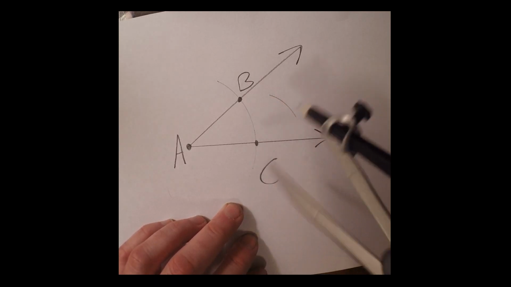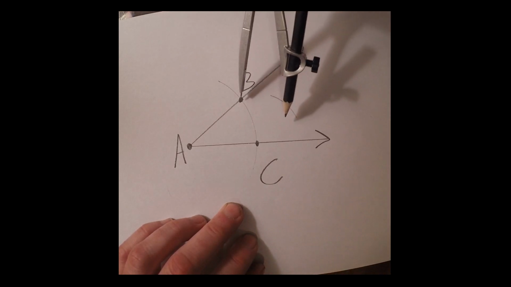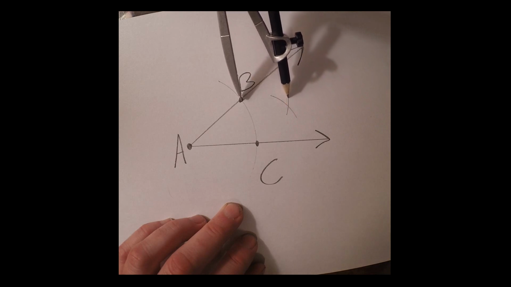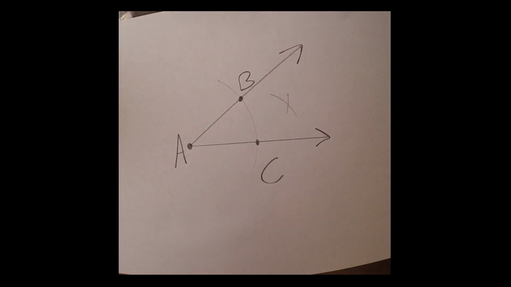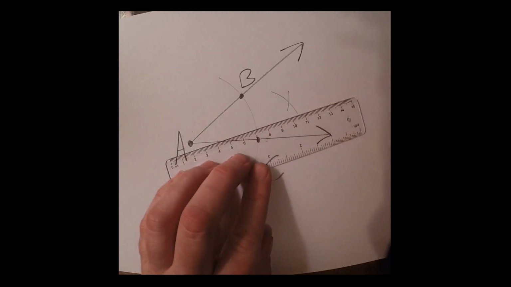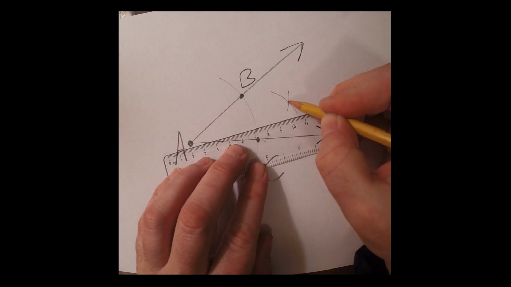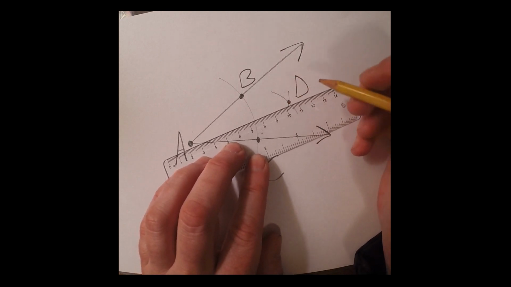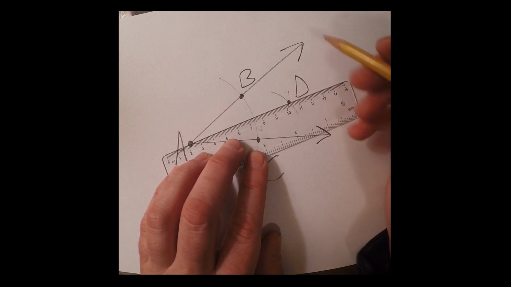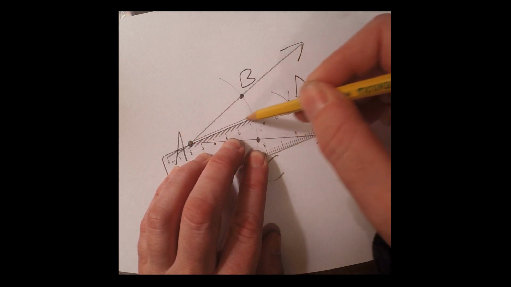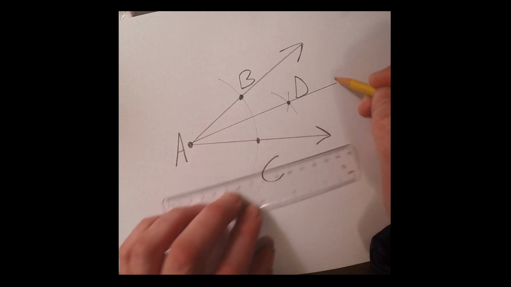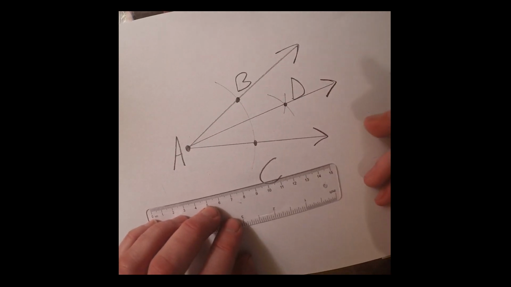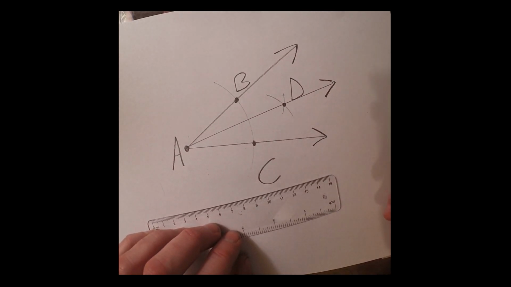It doesn't matter what the compass setting is. Keep the same compass setting and put the compass at B and make an arc that intersects the first arc. And then I'm going to mark that intersection point and call it D. And then I'm going to make a ray from A through D, and that ray is an angle bisector. It's not perfect, but it's pretty good.